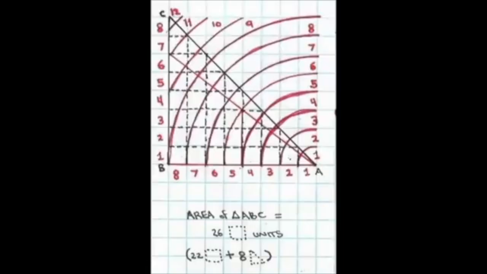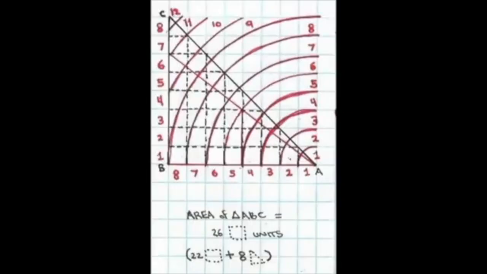As stated earlier, for any triangle with whole number sum side lengths, it will also have a whole number sum for its area. Thus, the area of the 3, 4, 5 Pythagorean triple is 7 unit squares in total area, and the area of the 6, 8, 10 Pythagorean triple is 24 such base 1 unit squares.